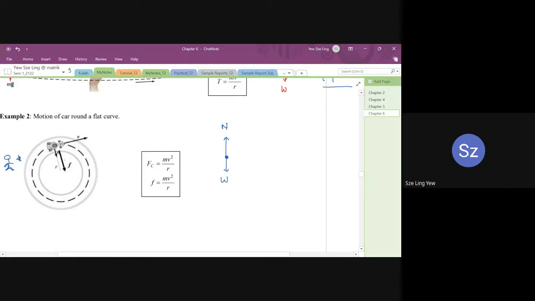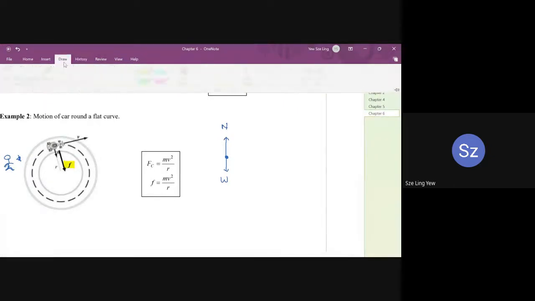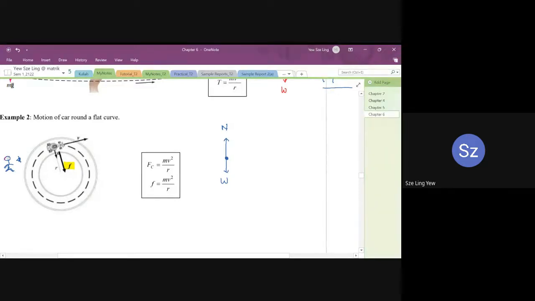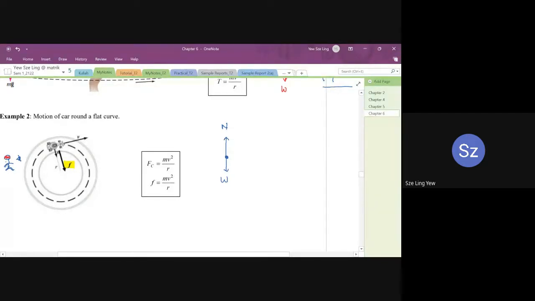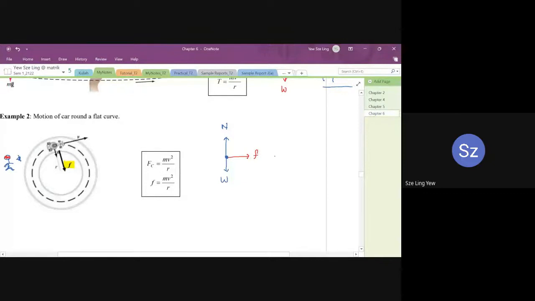The reason why my car can move in a circular motion is because of this frictional force, and the frictional force is pointing towards the center. So if I watch it from the back, the frictional force is going to the right. I have an F going to the right-hand side, which is the frictional force.